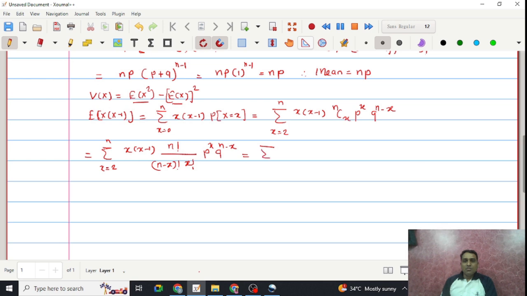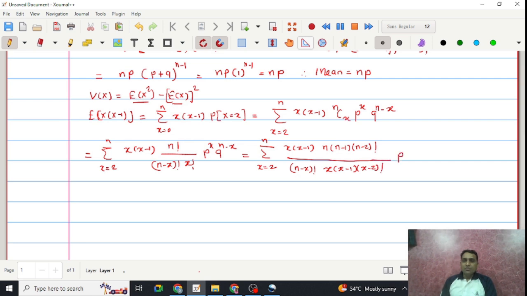So, summation over x taking values 2 to n of x into (x minus 1), we expand n factorial as n into (n minus 1) into (n minus 2) factorial, upon (n minus x) factorial, adjusting and writing as it is, because n minus 2 minus (x minus 2) is the same as n minus x. x factorial we can write as x into (x minus 1) into (x minus 2) factorial.